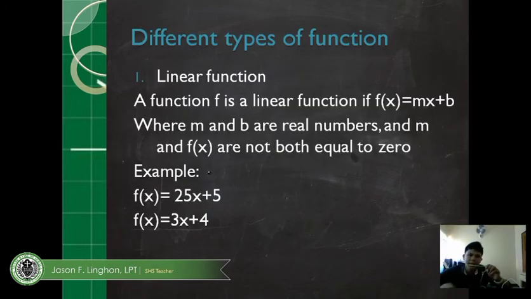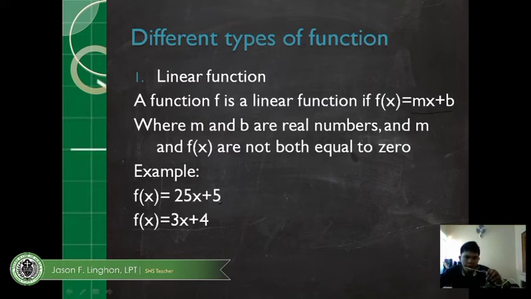So there are different types of function. First is the linear function. A function f is a linear function if f of x is equal to mx plus b. That is its form, where m and b are real numbers and m and f of x are not both equal to 0.